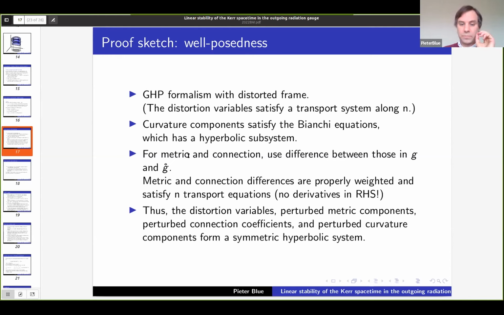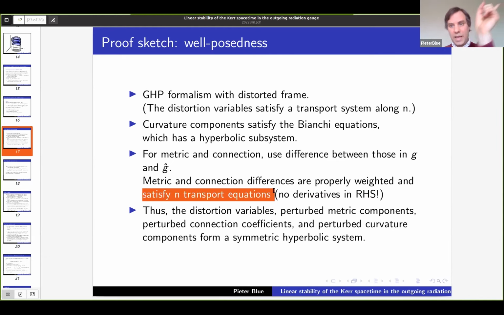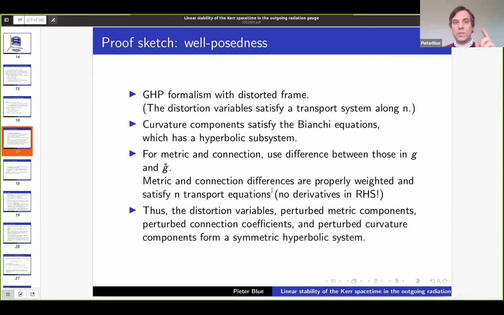So having got these quantities, the important property about them is that they all satisfy transport equations with respect to this n principal null vector direction. So we have the Bianchi equations giving us more or less the evolution for the curvature component, and then we have transport equations to recover all the other components.